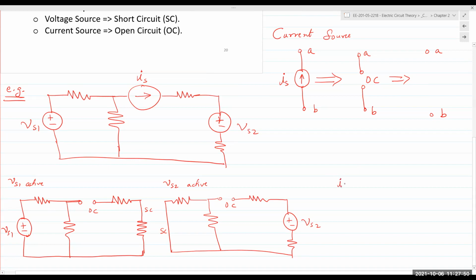But when we get to IS active, when IS is active, VS1 is a short. We have a resistor here, a resistor here, current source, resistor, voltage source to the short.